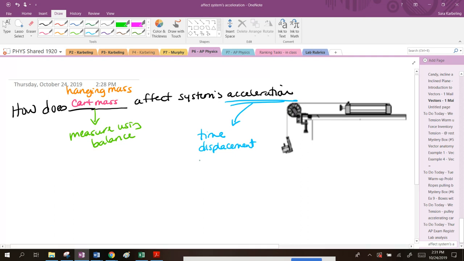Initial velocity? And then we can use these three to find the acceleration. Do you have an equation that relates those four things? Well, yes, you do. Surprise, surprise.